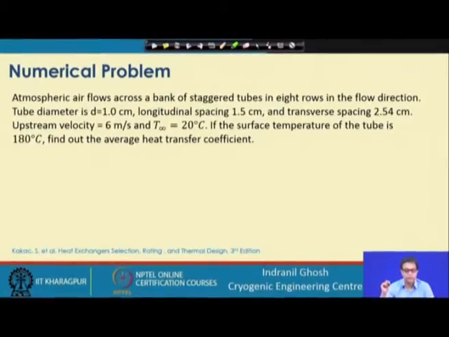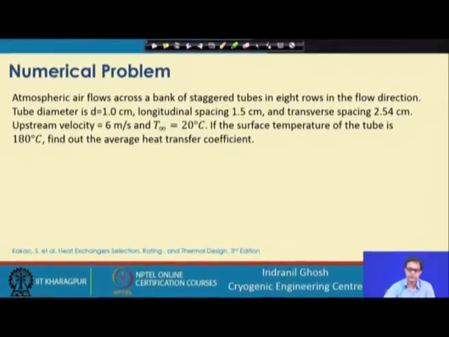The diameter of the tube is given, the longitudinal spacing and the transverse spacing are also given. The upstream velocity is specified and it is flowing at a condition of 20 degree centigrade. So, if the surface temperature of the tube is maintained at 180 degree C, then we are supposed to find out the average heat transfer coefficient.